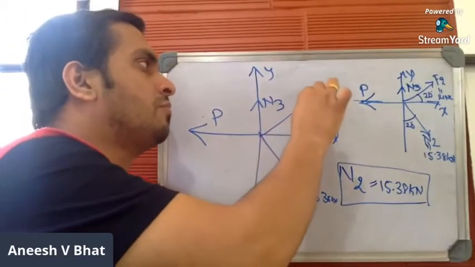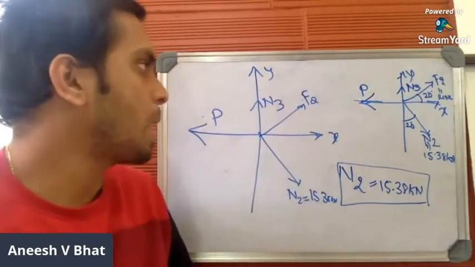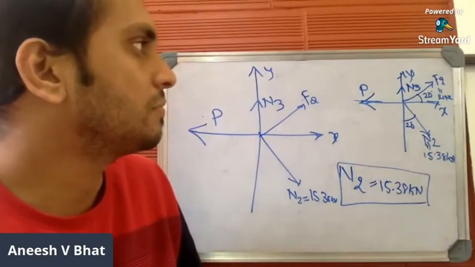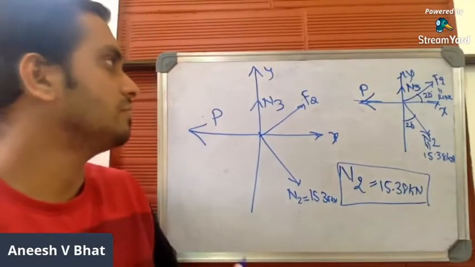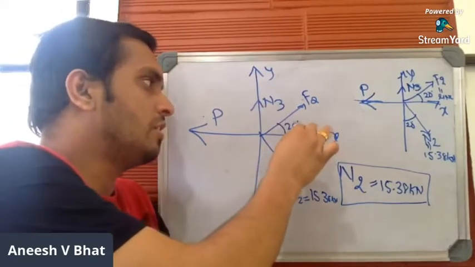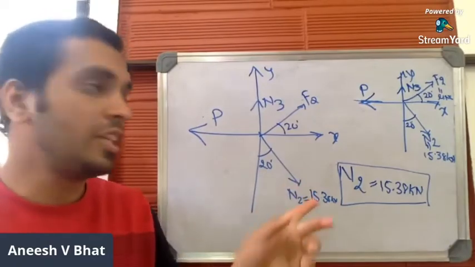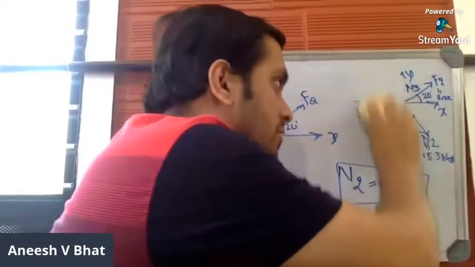This can be F2, which is equal to mu into 15.38. These are the forces which we have. This is 20, and even this is 20. It's been magnified and drawn.